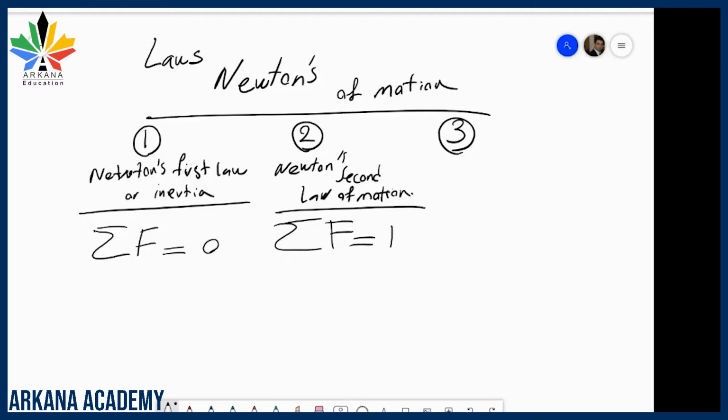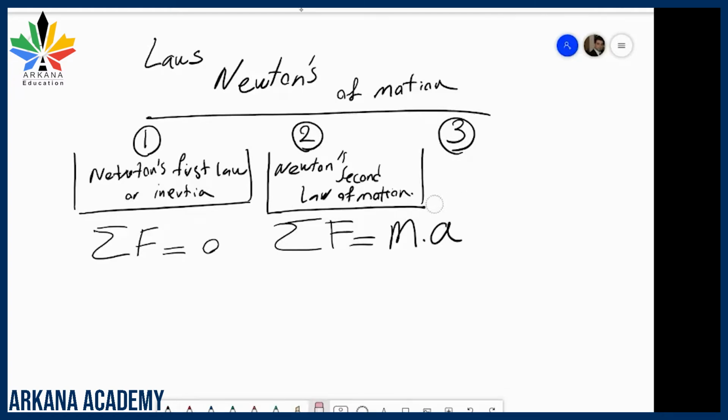It's going to be equal to the mass of the object multiplied by the acceleration of the object. This is the equation we use for Newton's second law of motion.